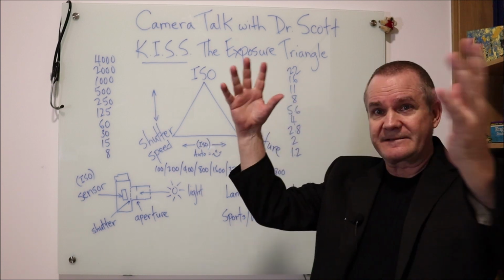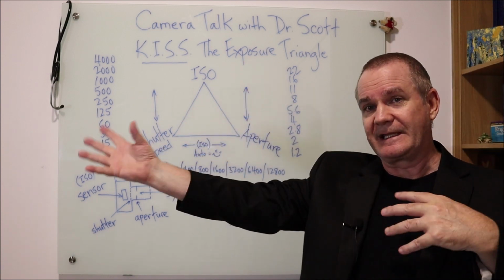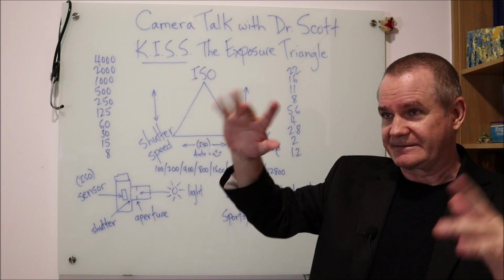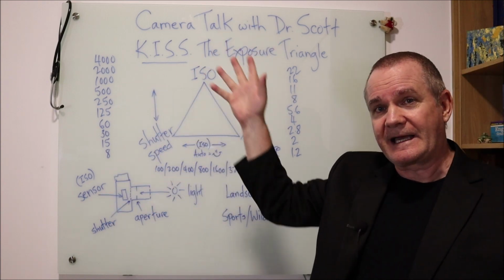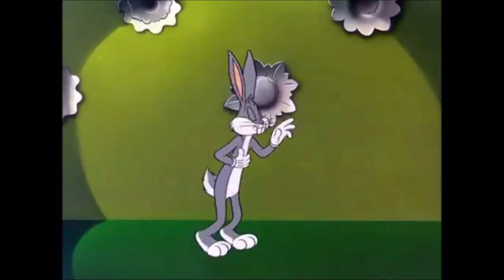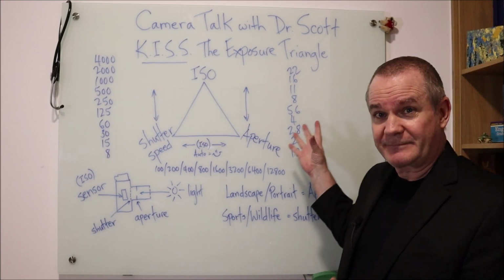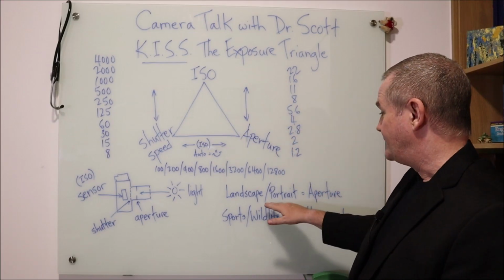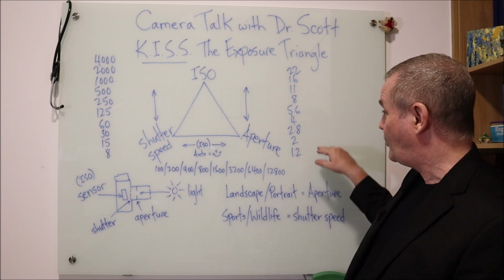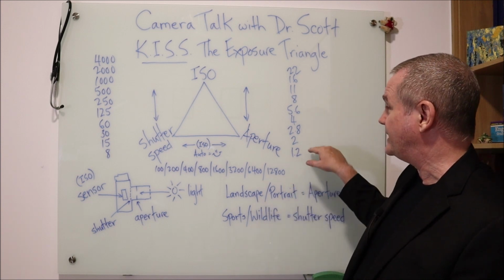So therefore, it gets the whole landscape, gets the mountains and the lake and the trees and flowers and the bunny rabbits and all that kind of stuff in focus. So that's why aperture is so important for this type of photography.